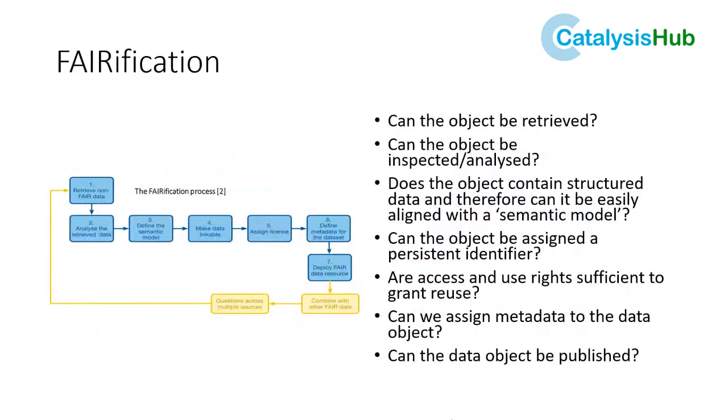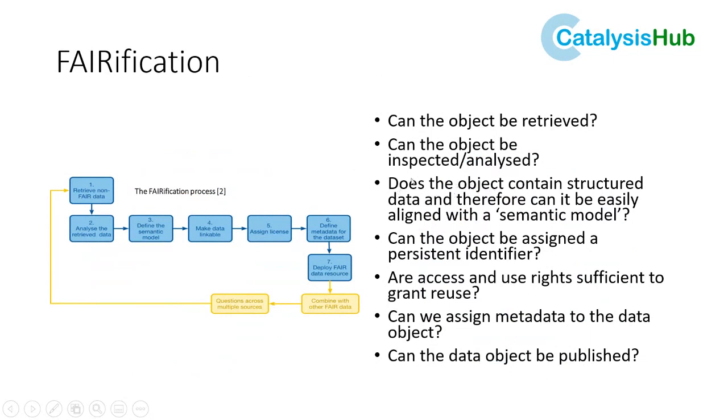Then we were trying to propose a method to improve on this. So we were looking at the verification process. This is from BoF FAIR. The BoF FAIR process has 7 steps, which say you have to retrieve the data, and you have to analyze and inspect the data.